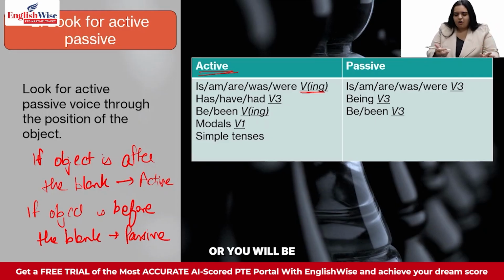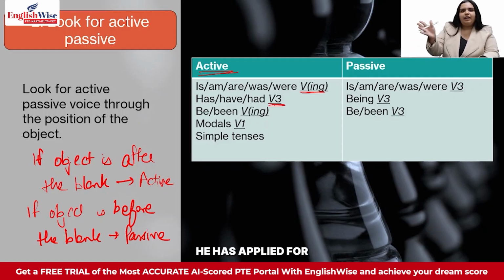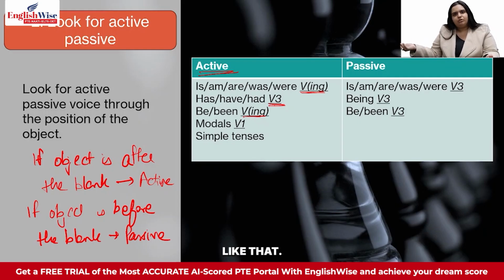Or you will have has, have, had plus the V3, the past participle or third form of the verb. He has applied for the scholarship, like that. Or you will have been plus VING, let's say he has been applying for the scholarship. So with been, if you have VING, then it is active voice.